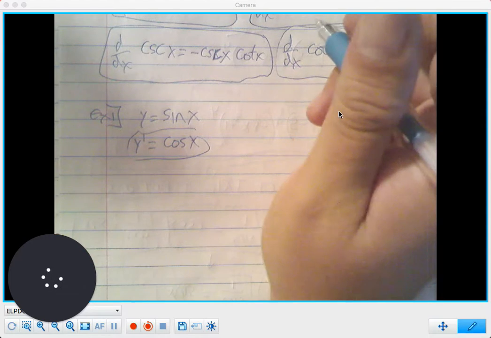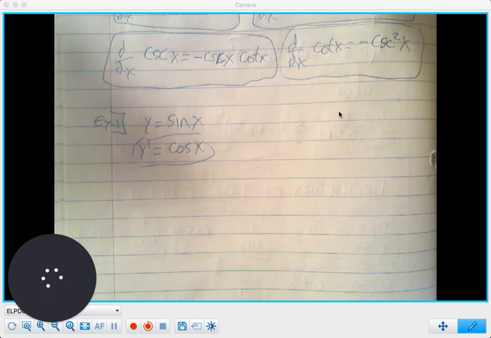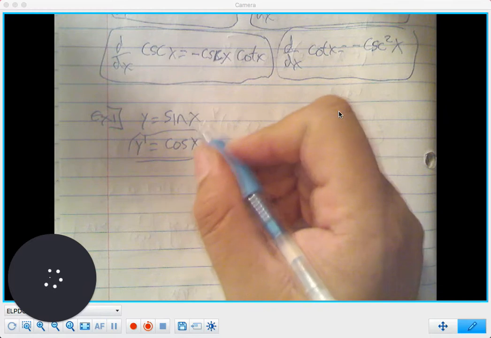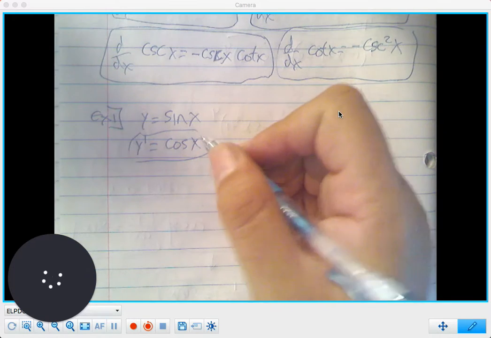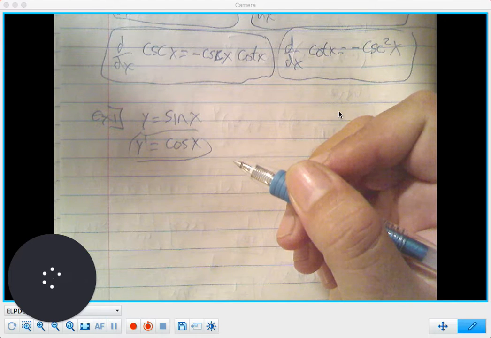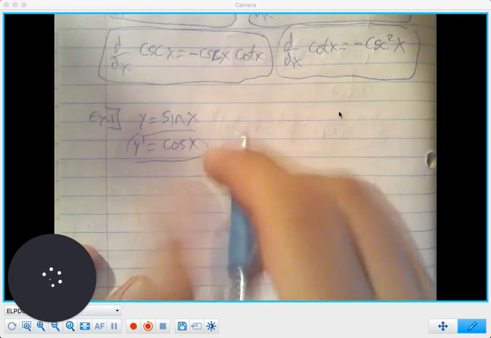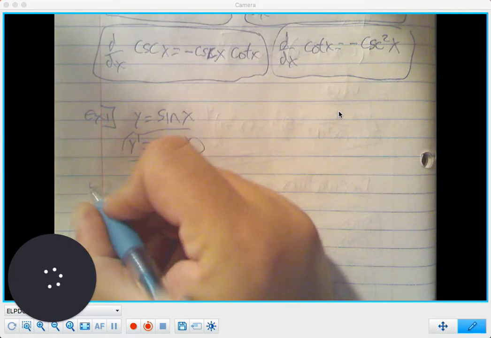And the same goes for all of the other ones. The problem is when you have something inside that is something other than x. Let me make one up.